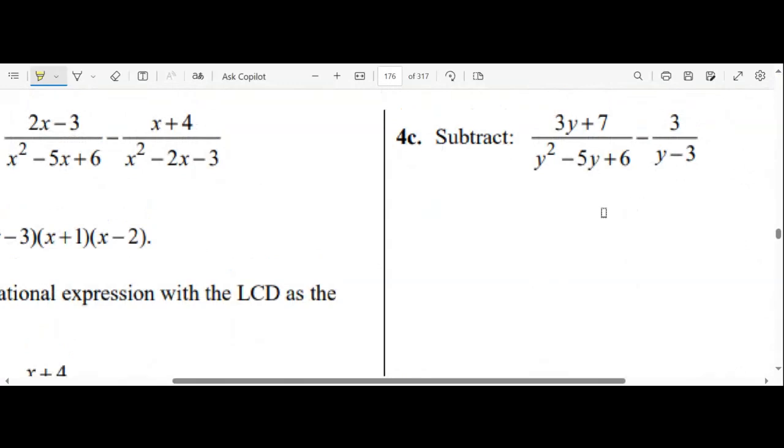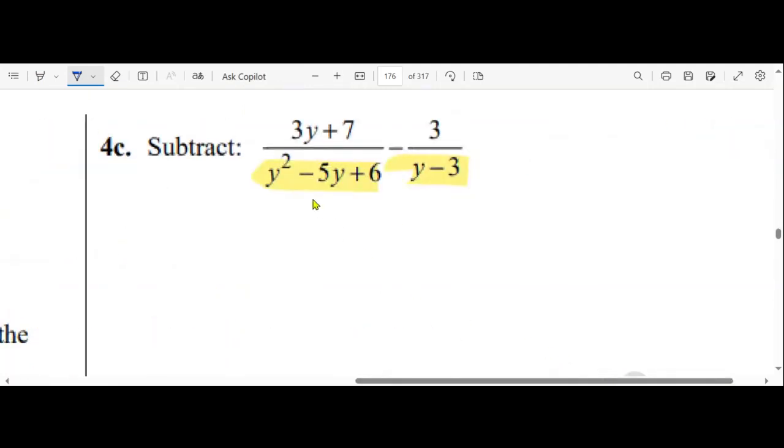Okay, next one. Are you lucky? No. Why not lucky? I will factor it first. Yes, factor this first. What do you get?